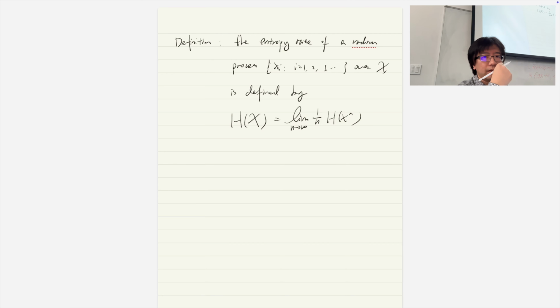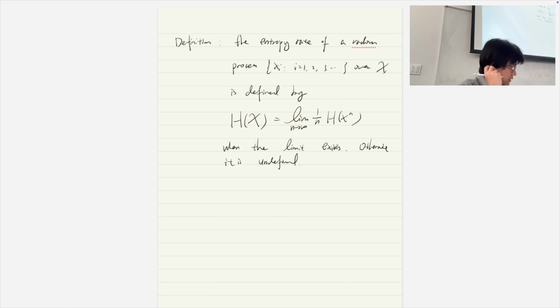But it only makes sense when this limit exists. If this limit does not exist, then we don't have a definition of the entropy rate; otherwise it is undefined.